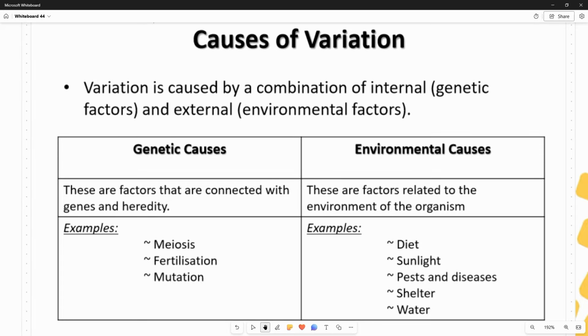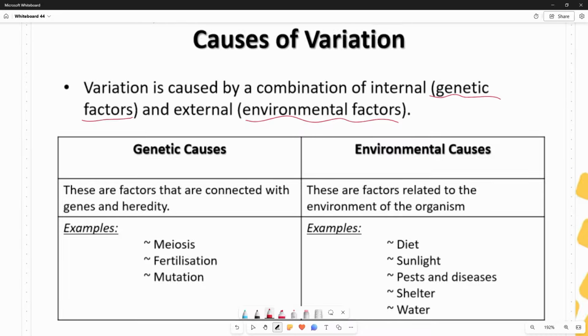The internal causes of variation are called the genetic factors, and the external causes of variation are known as the environmental factors. Genetic causes are the factors that are connected with the genes and heredity. In other words, your genetic causes can be passed on from the parents to the offspring. But your environmental causes cannot be passed on from the parents to the offspring. These ones are controlled by the environment.